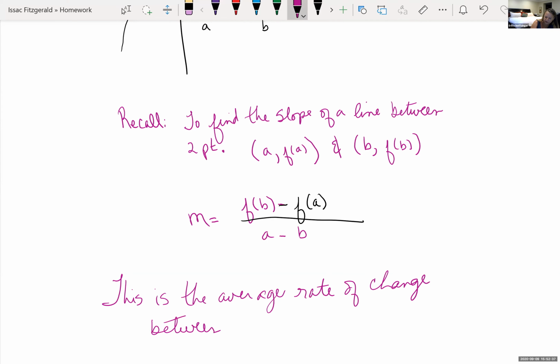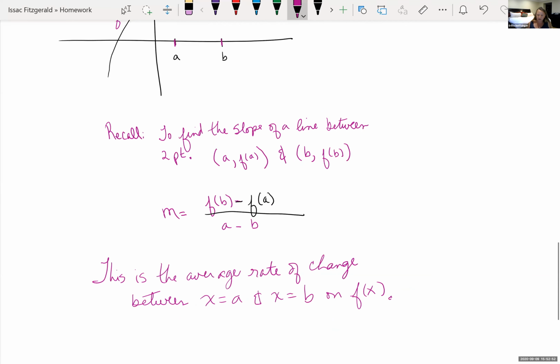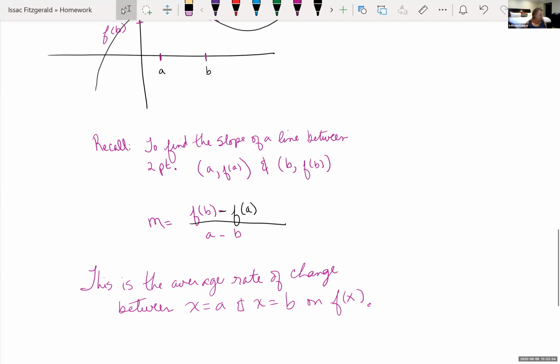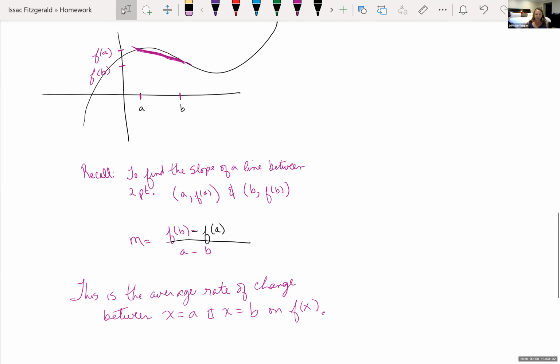Between x equals a and x equals b on f of x. So I'm just going to bring in the terminology now. This line right here that we drew between the 2 points, we're trying to find the average rate of change.